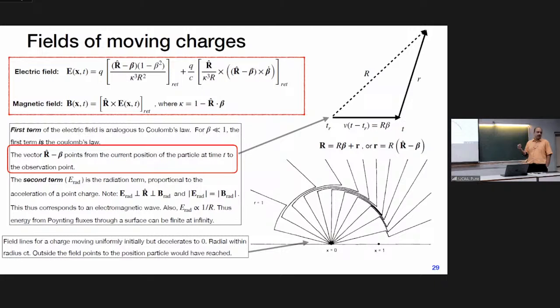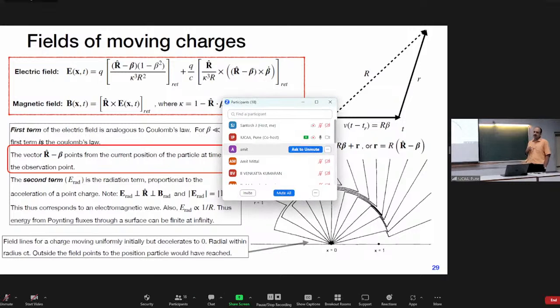So the magnitude of the Poynting flux, which is the amount of energy being transmitted at a given distance per unit area, is 1 by R square. If you go from one place to another point, and it's spherically isotropic, how does the area increase? R square.